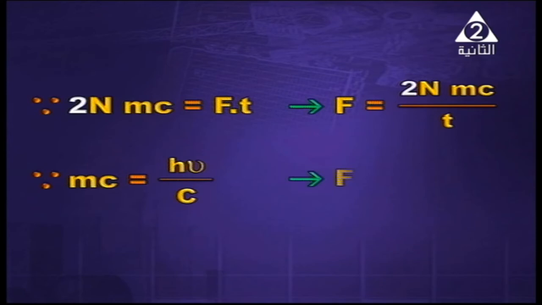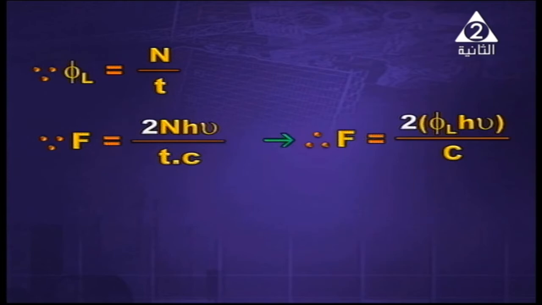Substituting, F equals 2 N h nu over tc. And what about N over t? It is phi, the rate at which the photons are incident. So phi equals N over t, and we can say the force is equal to 2 phi h nu over c.